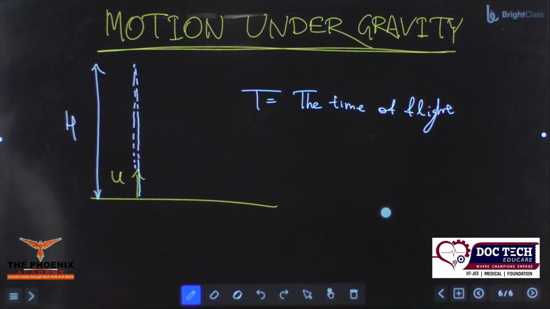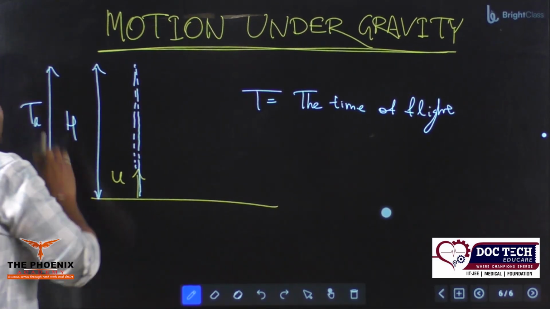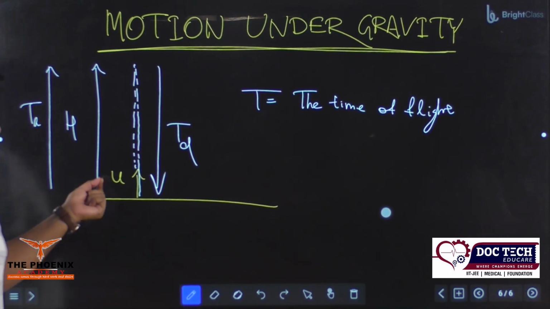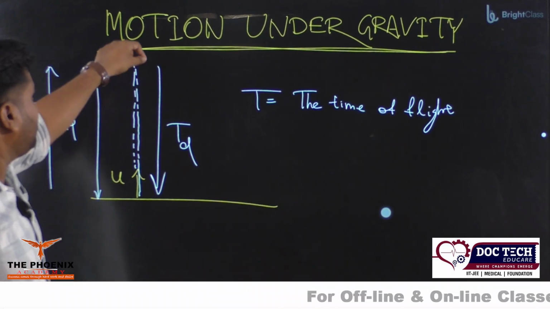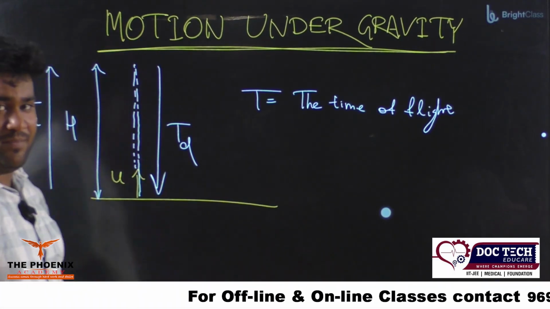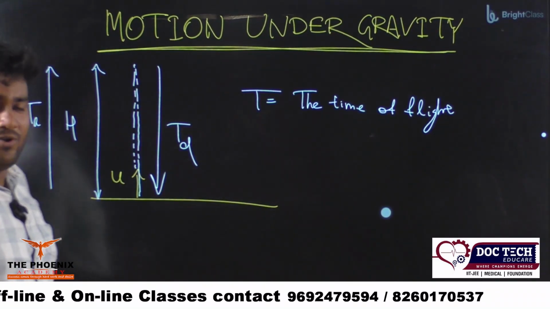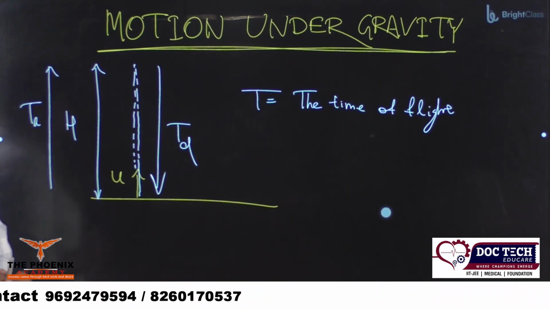Then the time taken by the object to reach the topmost point, which is the time of ascent, and the time taken by the object to come back to the same point, the time of descent, TD. Okay, now we are going to derive all these quantities and their expressions one by one.